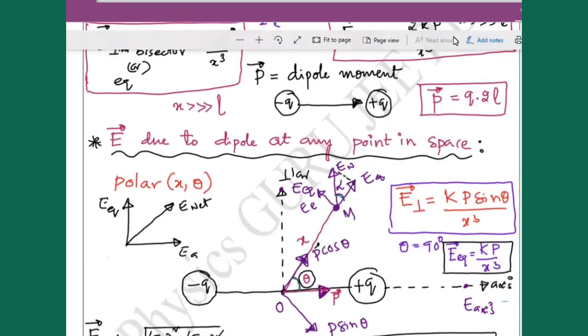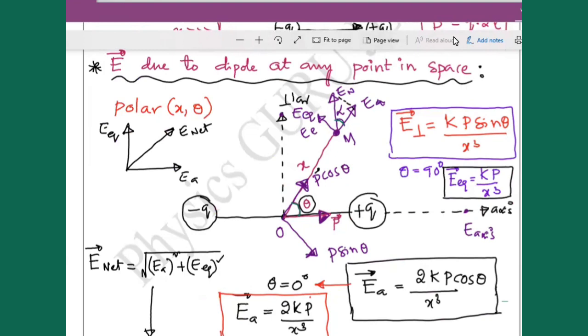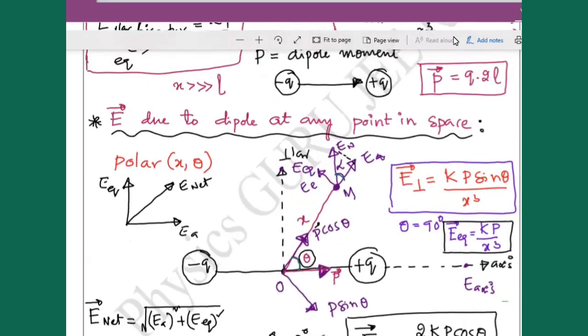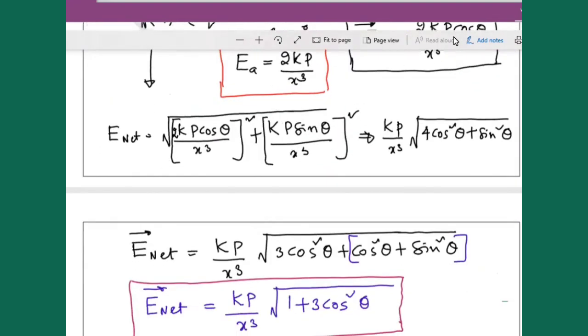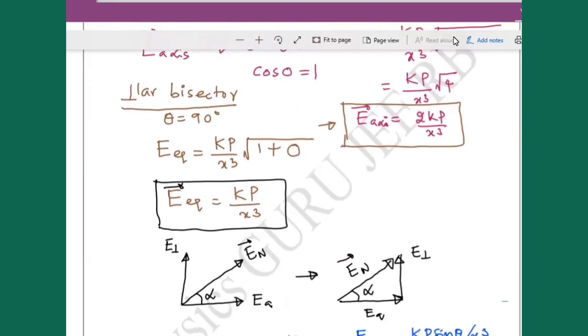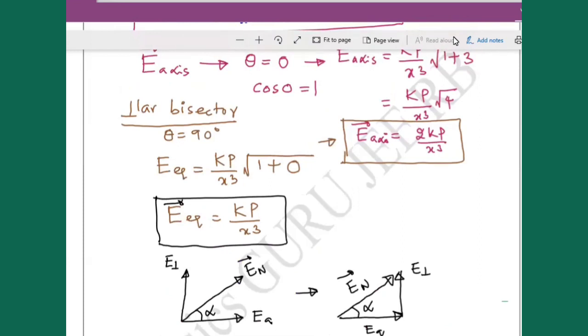Number three, you can take a screenshot. Next, number four.